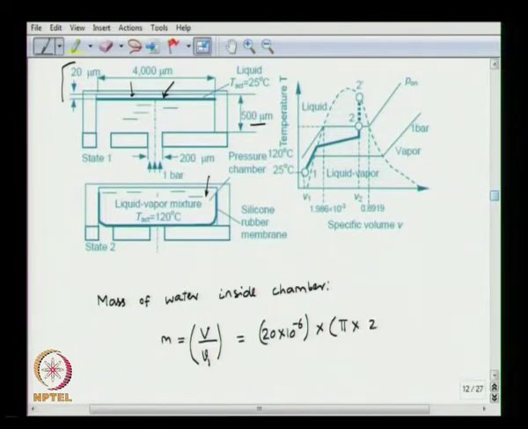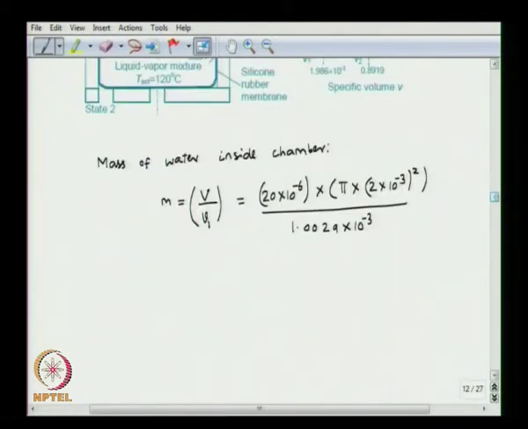R is 2 into 10 to the minus 3, so 2 millimeter, squared. So, that is the initial volume of the chamber, divided by the specific volume, which is given, 1.0029 into 10 to the power minus 3. That is water at 1 bar, so this is for liquid water at 1 bar and 25 degree centigrade. So, the mass is going to be 250.6 into 10 to the power minus 9 kg.